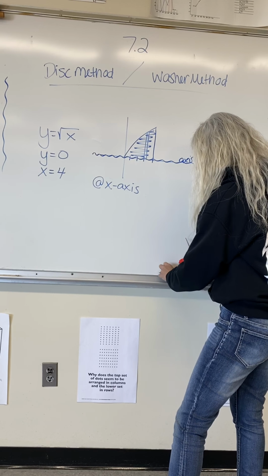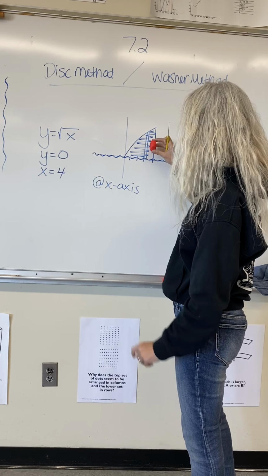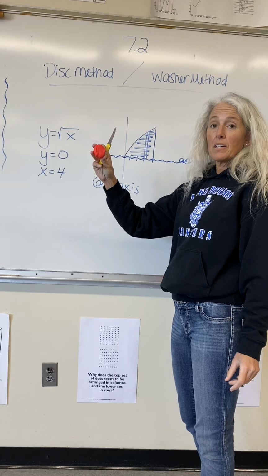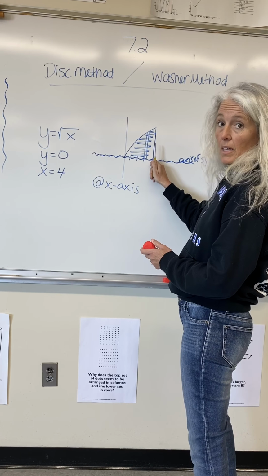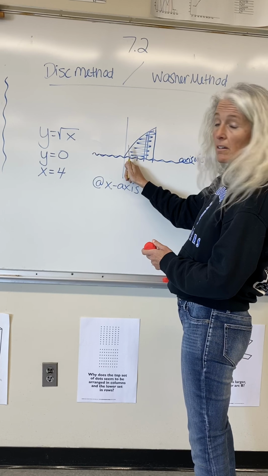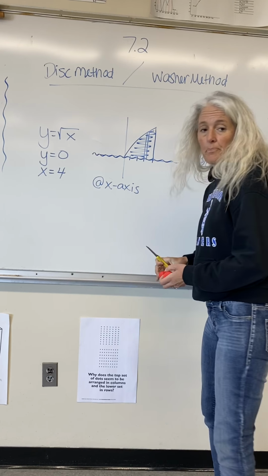What you would see, if it didn't smush when I cut it, is a circle. If I cut it down here, it's a bigger circle. If I cut it up here, it's a smaller circle, and all sorts of places in between.